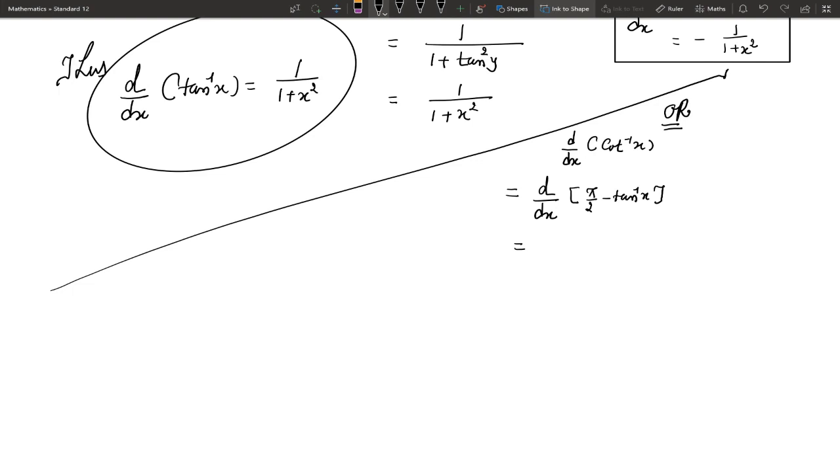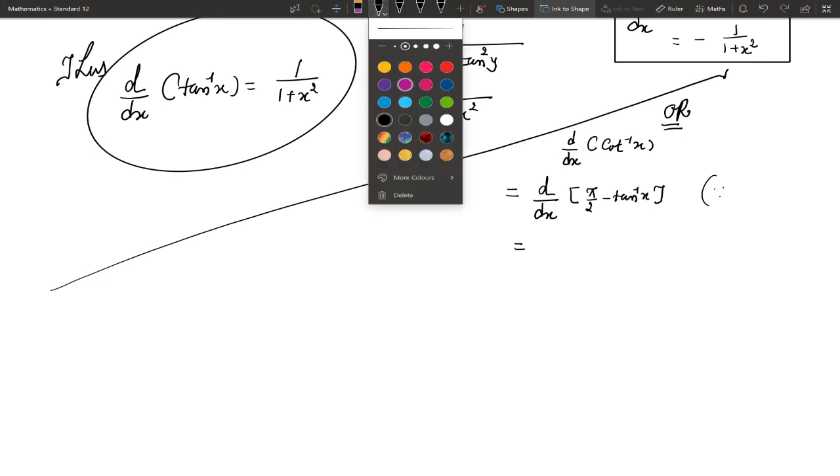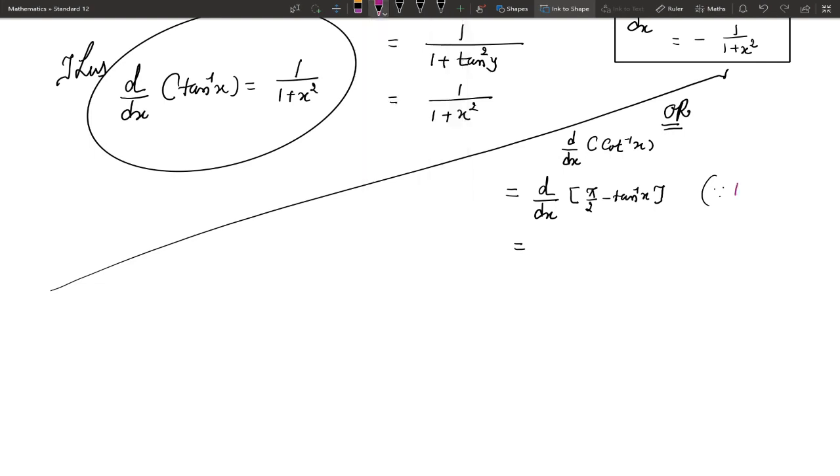This is because we know tan inverse x plus cot inverse x equals pi by 2.